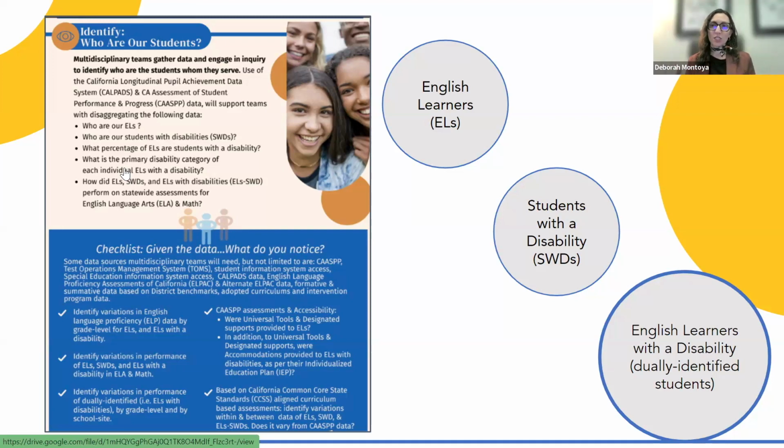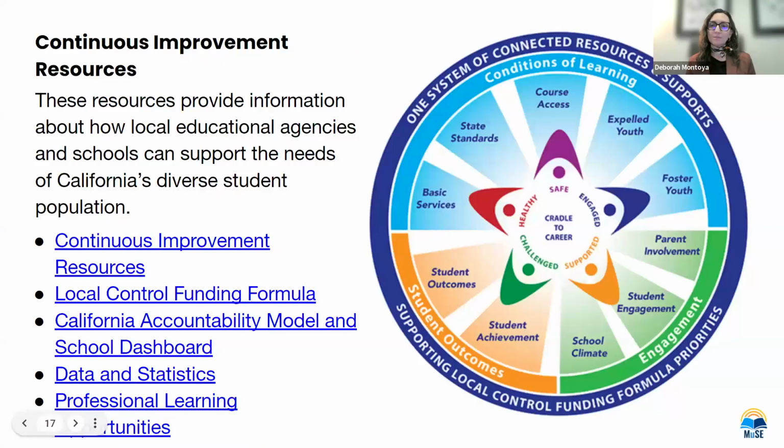And then in partnership with your special education leaders, directors, support providers in your district, gathering data from your special education information system, perhaps together looking at your CASP assessment data, accommodations provided to students through CASP assessment data. Where is all of that data housed, and how are we looking at it from a lens of supports for English learners, students with disabilities, and dually identified students?